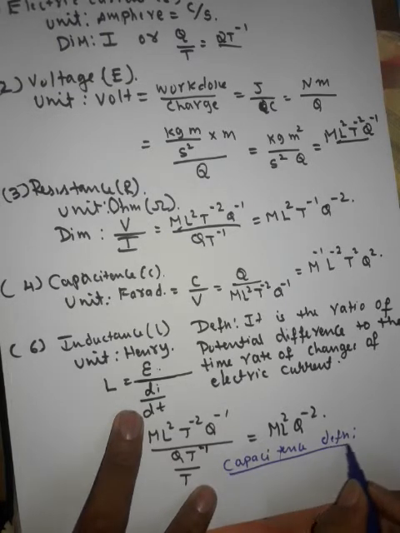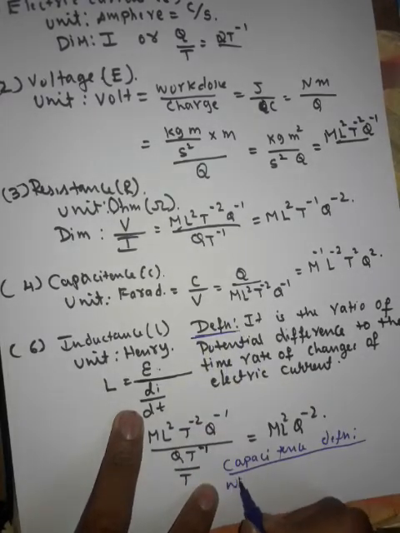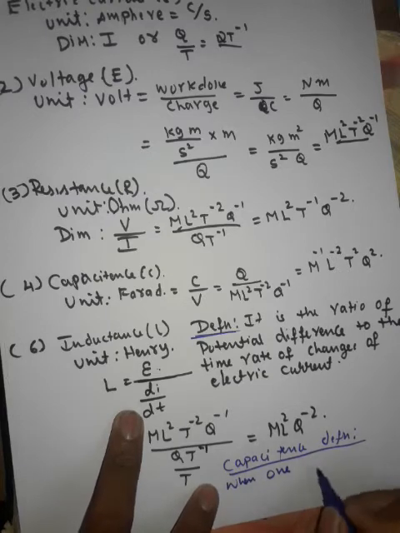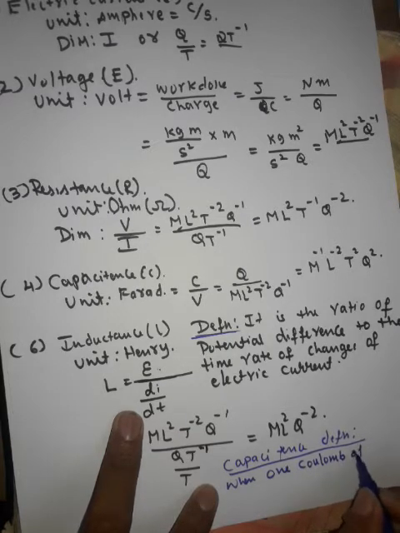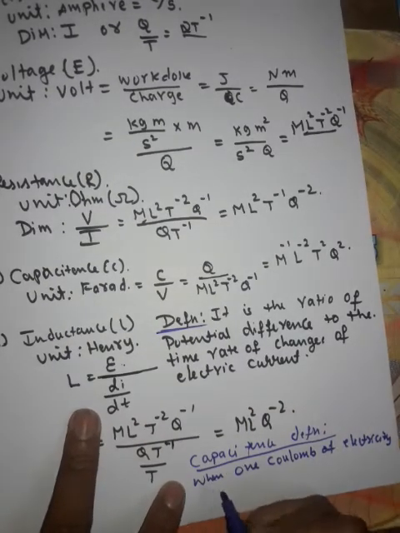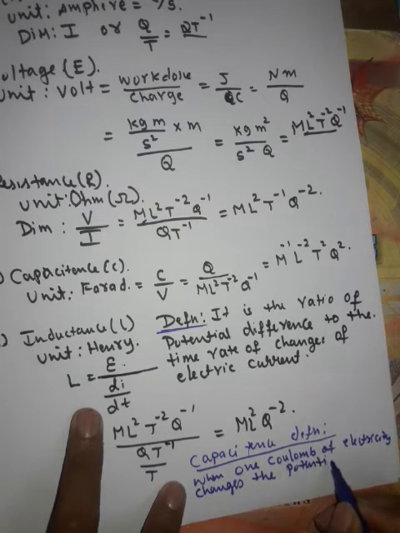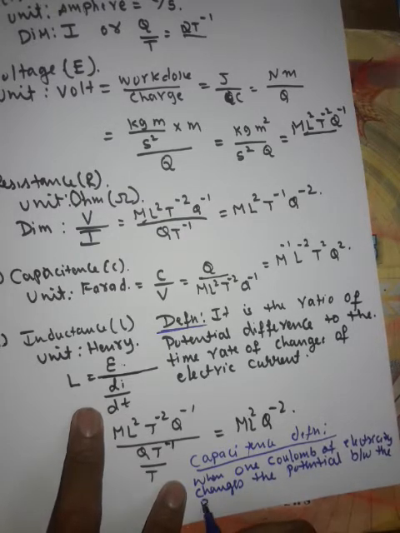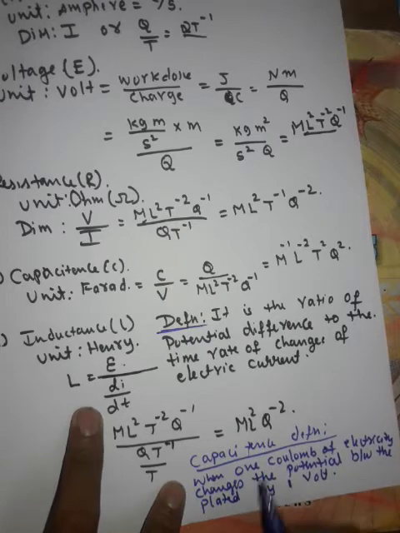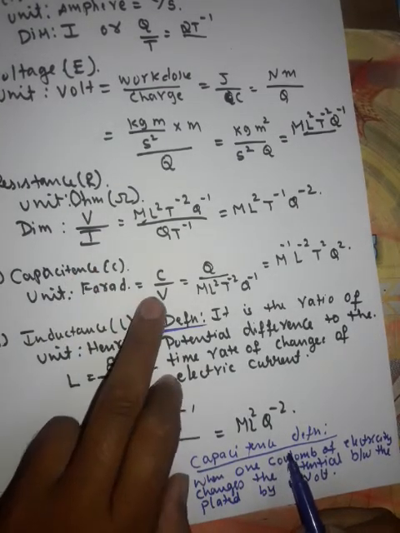Definition is: when 1 coulomb of electricity changes the potential between the plates by 1 volt. That is what is written here, C by V.